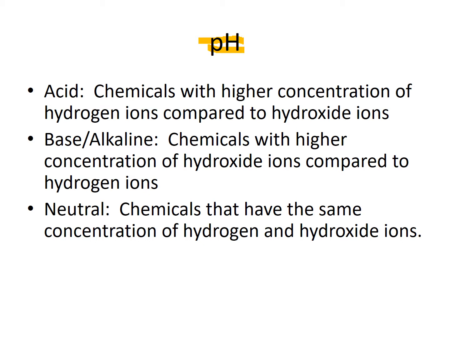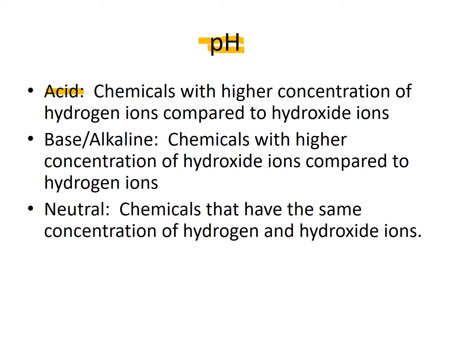Okay, it's usually from 0 to 14, and the acid range. So let's talk about what acid actually is. Acids simply are chemicals with a higher concentration of hydrogen ions compared to hydroxide ions, whereas the base, or we also say the alkaline range, that's chemicals with a higher concentration of hydroxide ions compared to hydrogen ions.